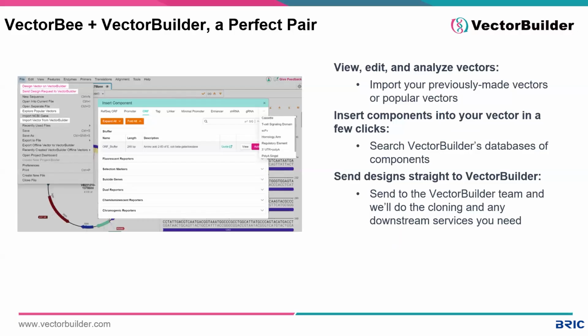Now, VectorBee is an offshoot of VectorBuilder that integrates a lot of the key components that people love about using VectorBuilder in the Vector Design Studio. We allow you to utilize vectors that you have previously made, or we've selected popular vectors, as we'll see when we go through the software shortly.